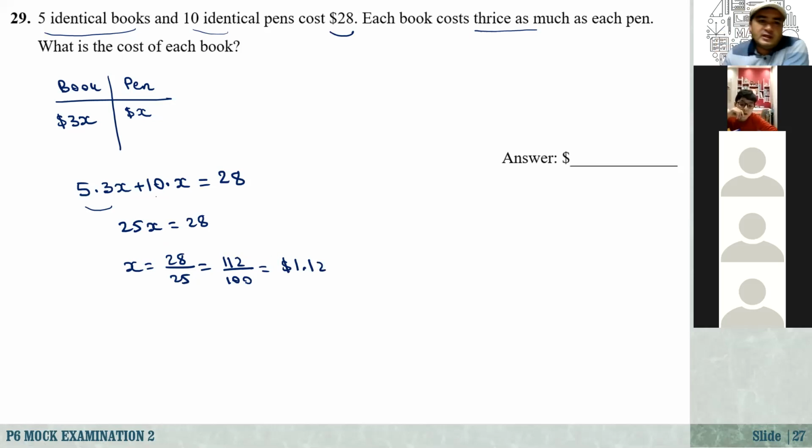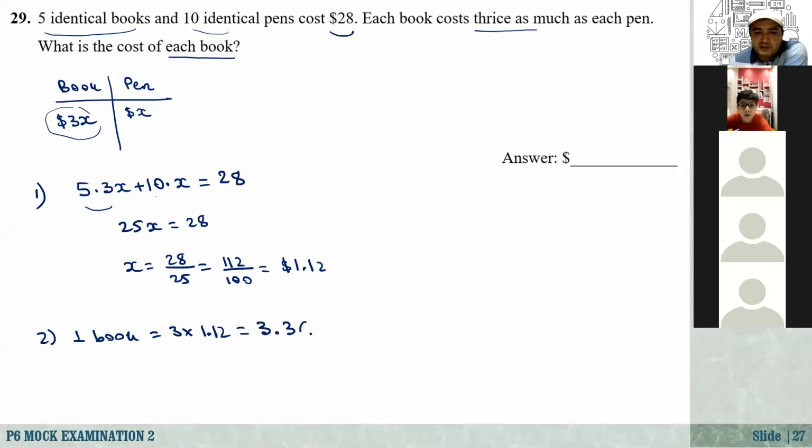The question is asking about each book, right? That's the first step. So what is the price of one book? One book costs 3X. So here we have 3 times 1.12, which is equal to 3.36. So the price of one book is 3.36.